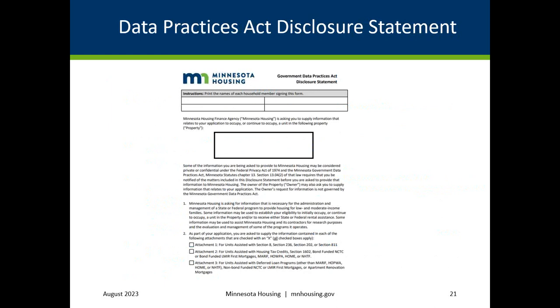It also informs the tenant that the owner will share their information with Minnesota Housing, the Minnesota Attorney General's Office, HUD, the IRS, and other persons and/or governmental entities who have statutory authority to review the information, investigate specific conduct, and/or take appropriate legal action, including law enforcement agencies, courts, and other regulatory agencies.